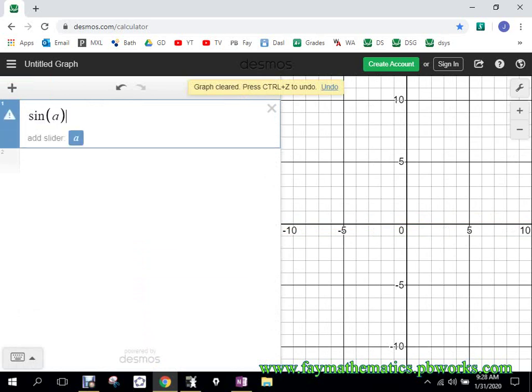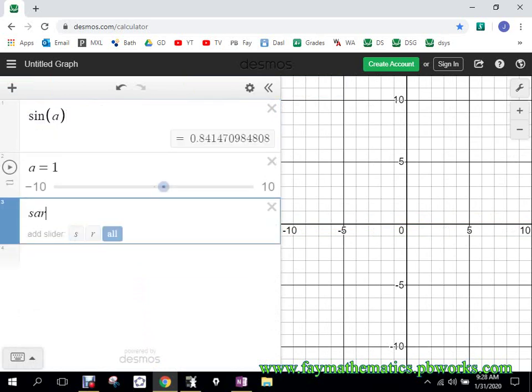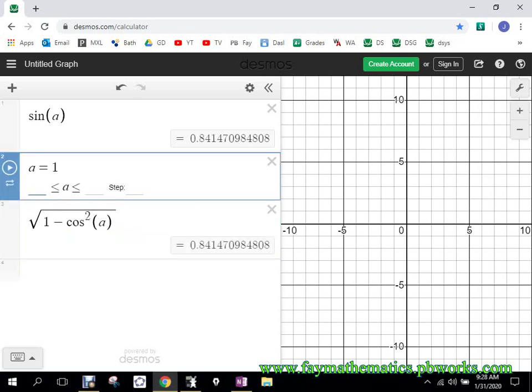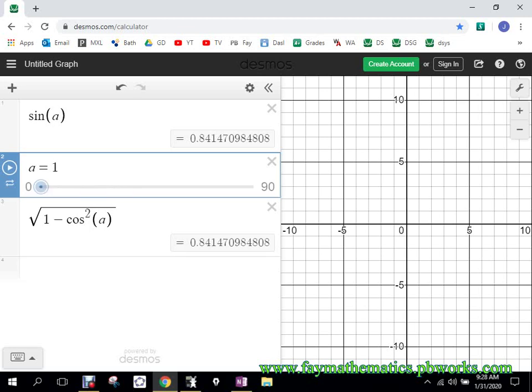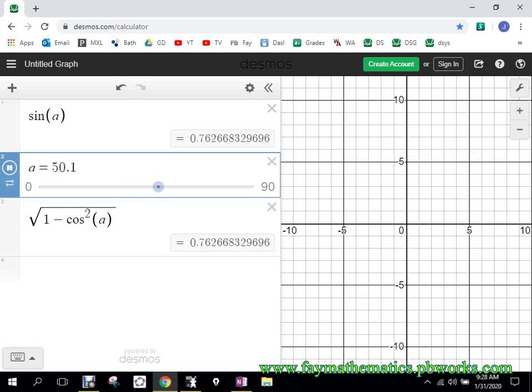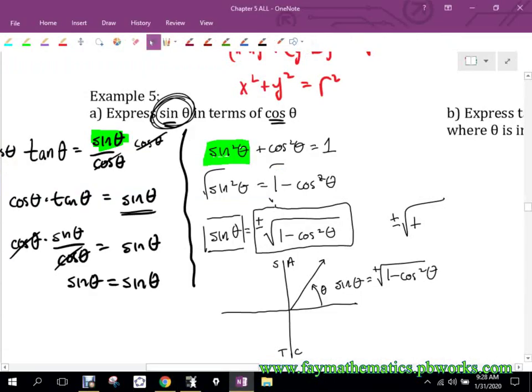If sine of theta and the square root of 1 minus cosine squared theta, if theta is in the first quadrant, 0 degrees to 90 degrees, are these two numbers always the same when I do that? That makes sense? Both positive? Okay. When we're in the second quadrant, let's say theta's in the second quadrant.